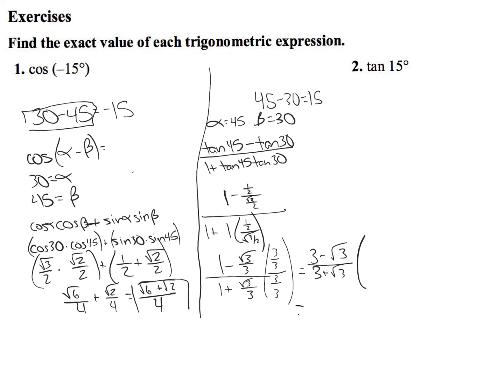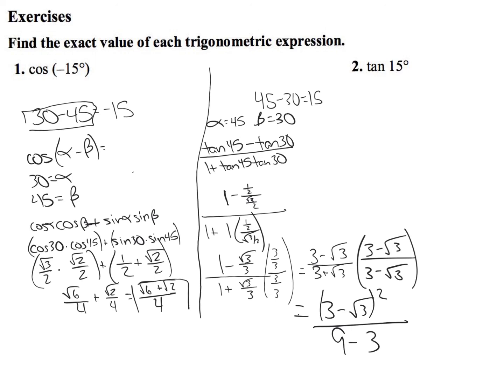If you now notice what I was talking about, trig problems take a long time. Rationalize. Now you have a 3 minus root 3 all squared on the top. It's the same thing over 9 minus, we see that to come out to be negative 3.